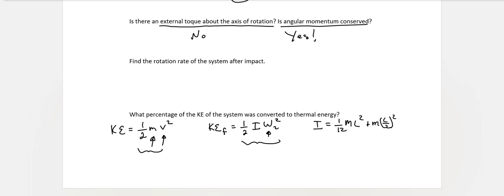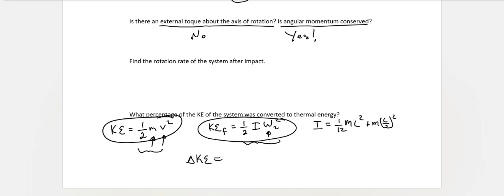Now, the amount that got converted is going to be the change in kinetic energy. You get that by taking your final kinetic energy and subtracting your initial kinetic energy, KE final minus KE initial. That's going to give you a negative number because your initial kinetic energy is bigger than your final kinetic energy, or at least it should be.